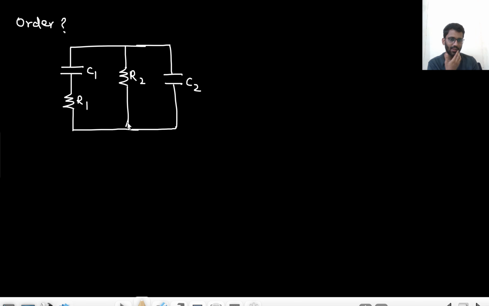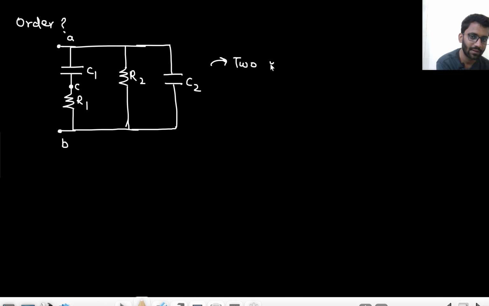If C1 and C2 were in series or in parallel... if the case was like this, I could say C1, C2 are in parallel. Now one end of C2 is connected to node A, the other end of C2 is connected to node B, but one end of C1 is connected to node A and the other end is connected to some node C. C1, C2 are neither in series nor in parallel. So there are two effective storing elements. So this is a second order circuit.